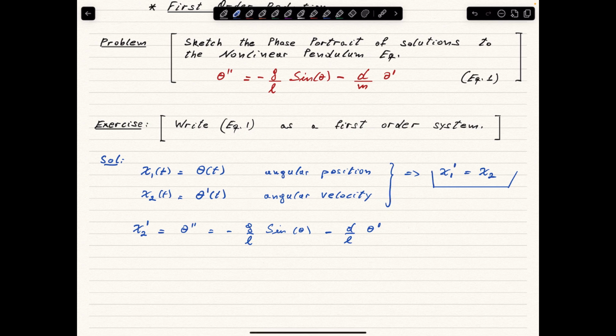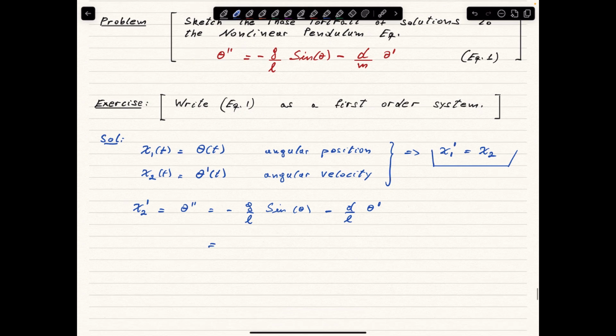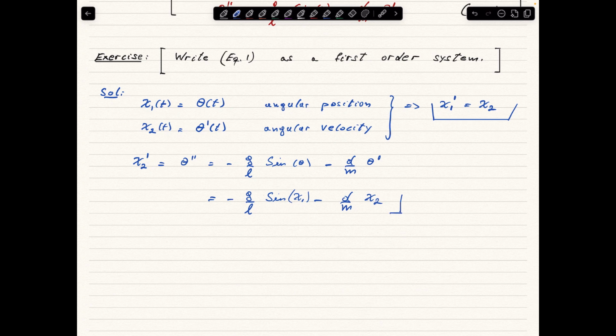But we just said that theta is x1, so we have negative g over L sine of x1, and then minus d over m, sorry, mistake here and mistake here. The equation says d over m, and here is x2. Alright, so that is the second equation.